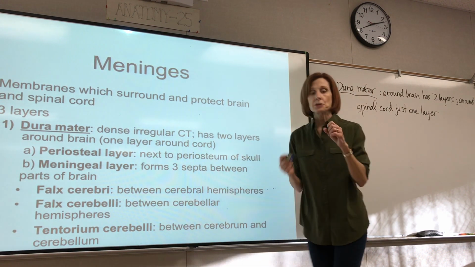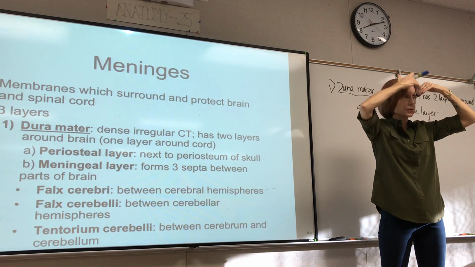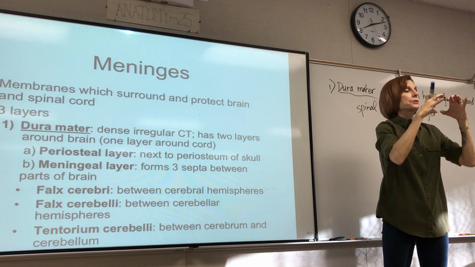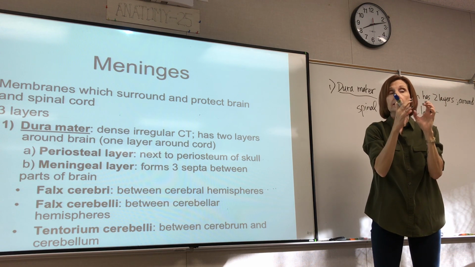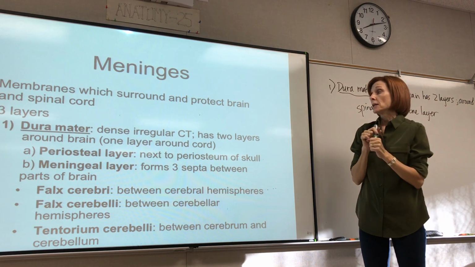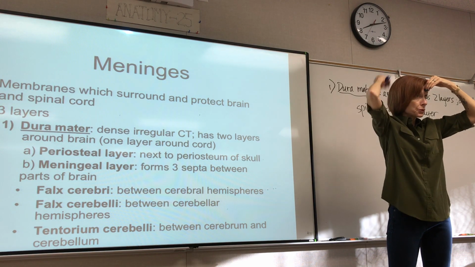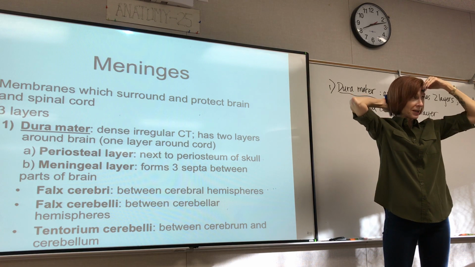Now this is going to do some funky things because it's going to come down into those fissures that we just talked about. And this just kind of helps to wrap around the brain, giving it a little bit more protection and cushion. So where that meningeal layer comes into the longitudinal fissure here, it is called the falx cerebri.